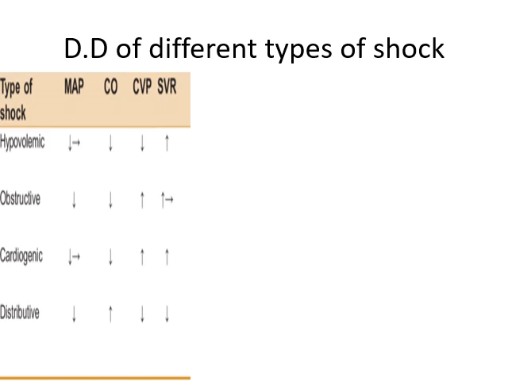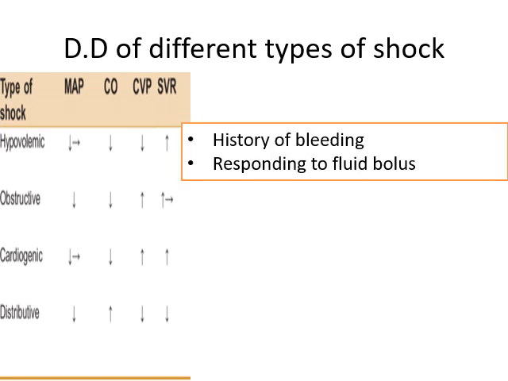In the distributive shock, there is decrease in systemic vascular resistance due to decreased vessel capacitance, I mean severe vasodilatation and loss of the muscular contractility of the arterioles, which will not respond to sympathetic stimulation, so decrease in systemic vascular resistance in the distributive shock.